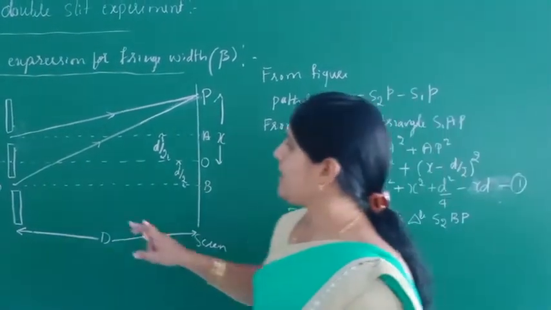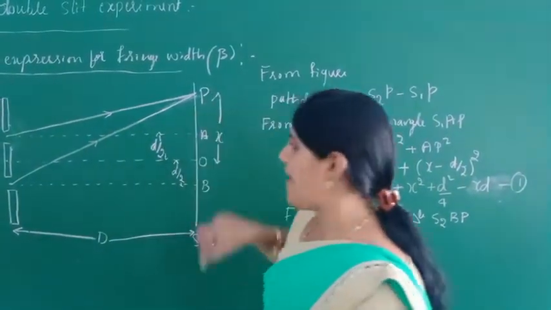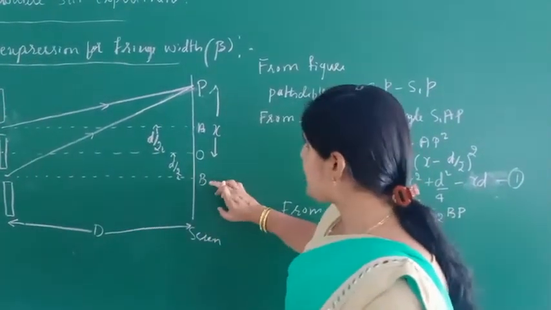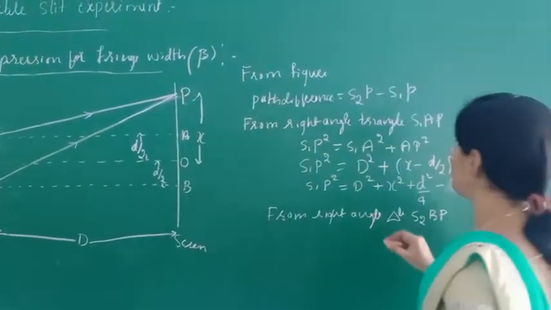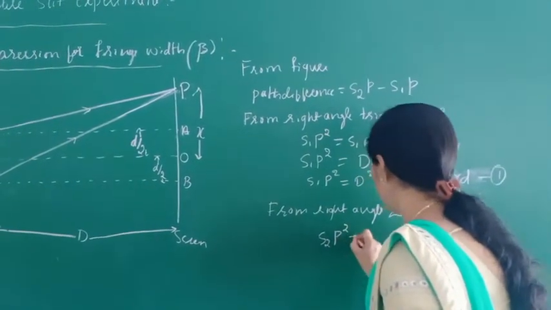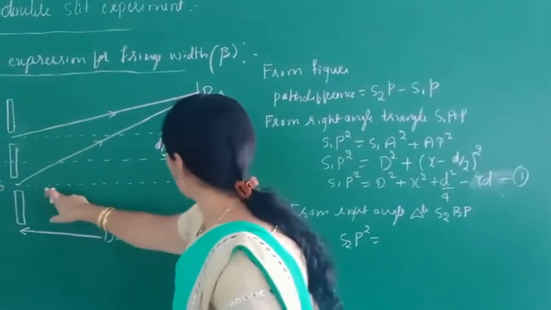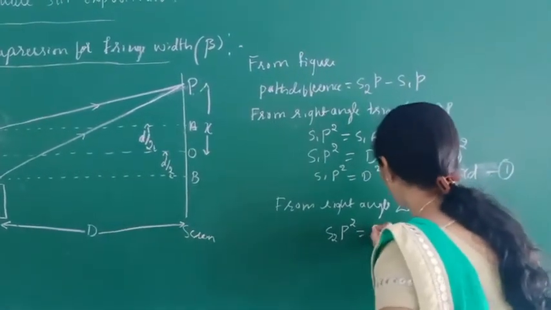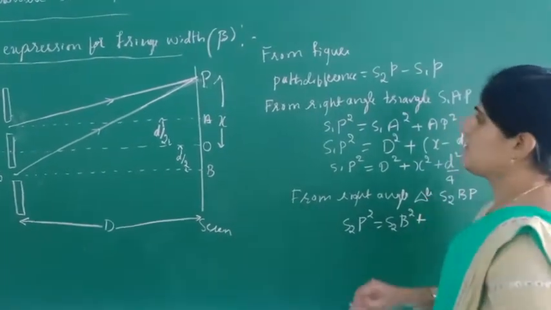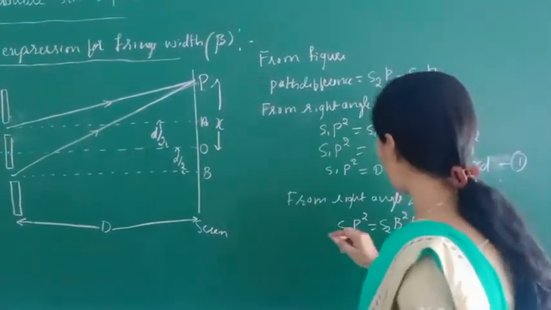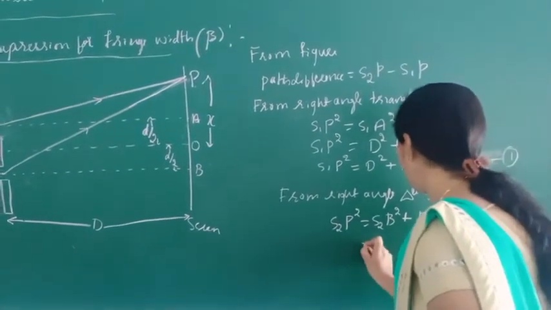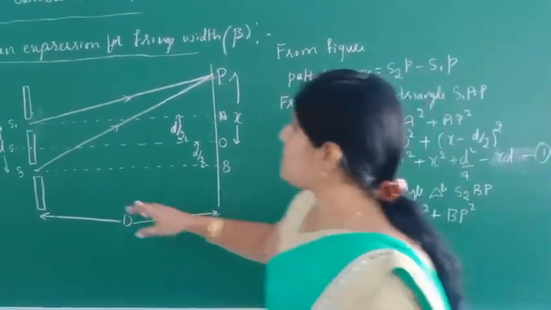That is S2P square is equal to S2B square plus BP square.